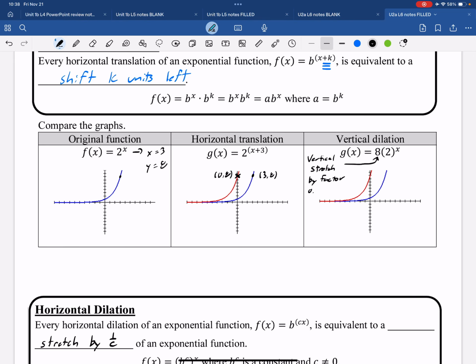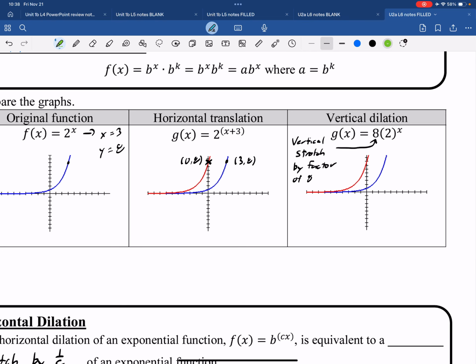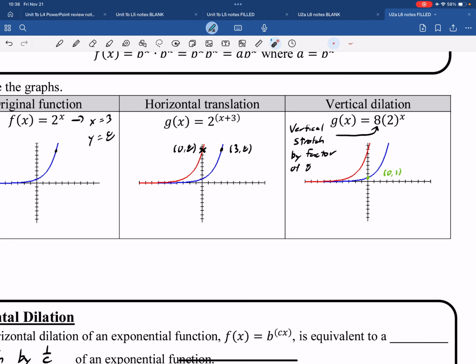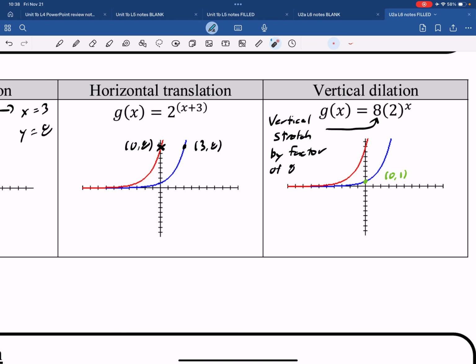So this formulaic change affects the y values. Let's take the original point, which should be 0, 1, because when x is 0, 2 to the 0 is 1. Now we've got that 8 in front, so that 1 is going to get multiplied: 2, 3, 4, 5, 6, 7, 8. So the new point is going to be 0, 8.